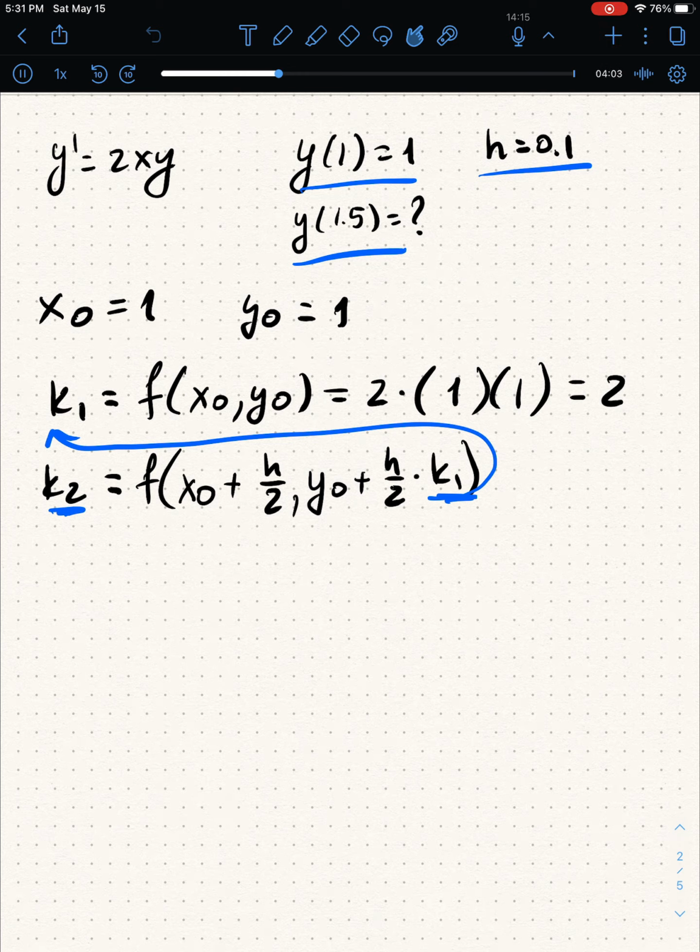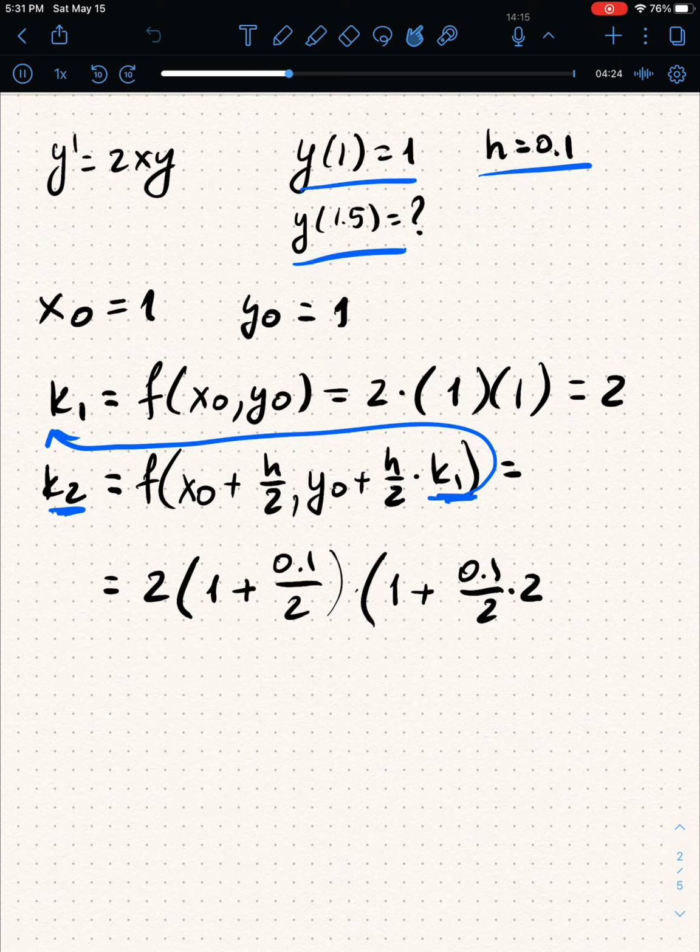If we plug in our values, we get 2 times 1 plus h over 2, and we know our h is 0.1, so 0.1 divided by 2, times our updated y, which is 1 plus 0.1 divided by 2 times our K1, which is 2. When we calculate all of that, we get our new value for K2 to be 2.31.